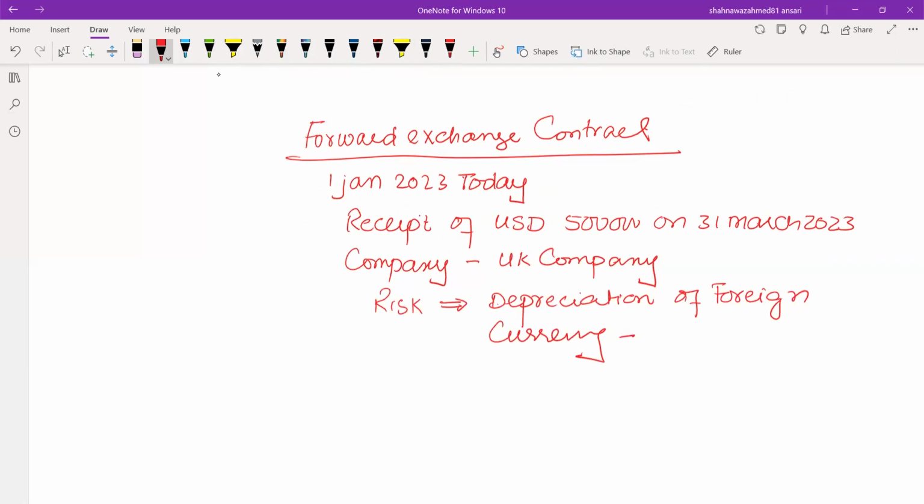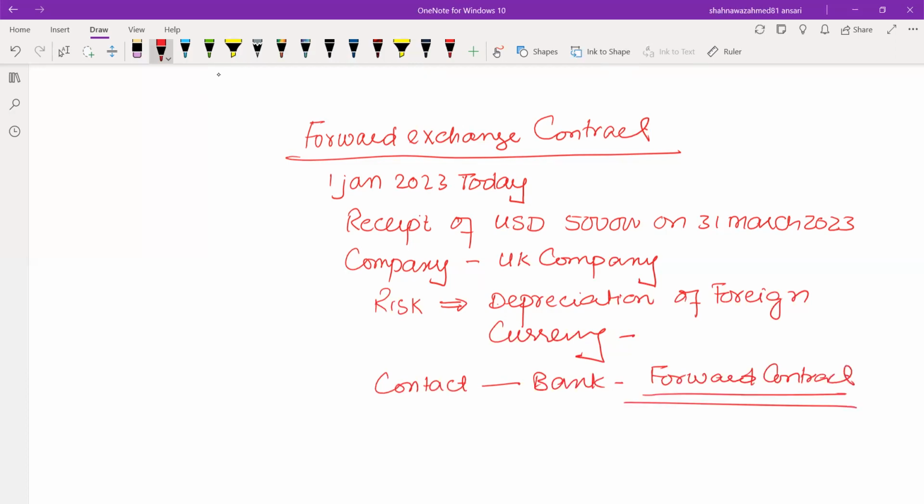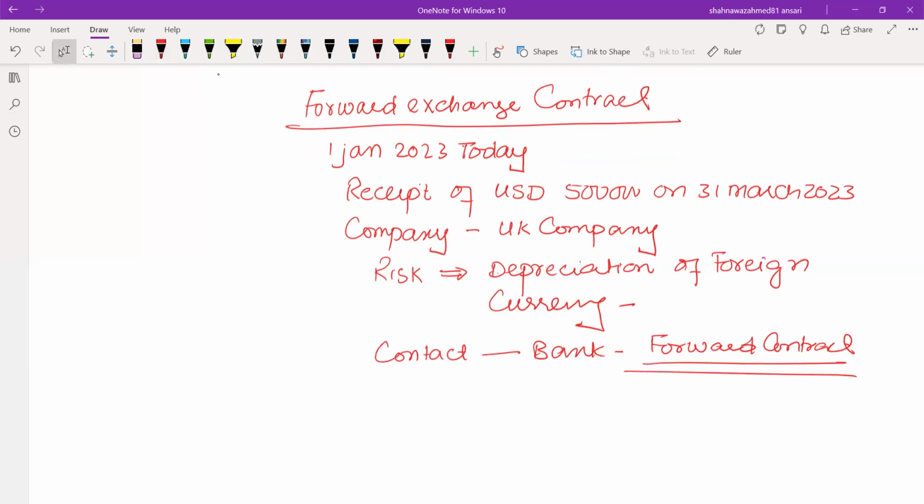So what can the company do? Contact a bank and enter into a forward exchange contract to lock the exchange rate for this deal. The bank will quote you a forward rate, and accordingly we will fix that rate, and on maturity, that is 31st March, we will convert USD into GBP as per the agreed forward exchange rate. So this is basically the concept of a forward exchange contract.